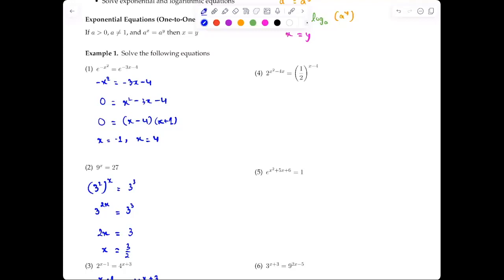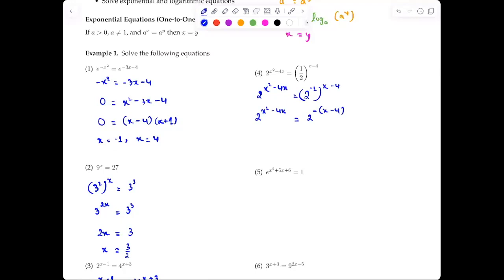So 1/2 to the first power, you can rewrite that as 2 to the negative 1, and then raised to the power x minus 4. Okay. Now the left-hand side remains the same. You rewrite the right-hand side as 2 to the power negative x minus 4.